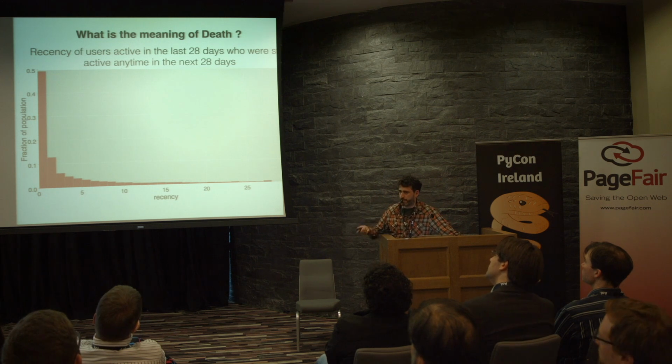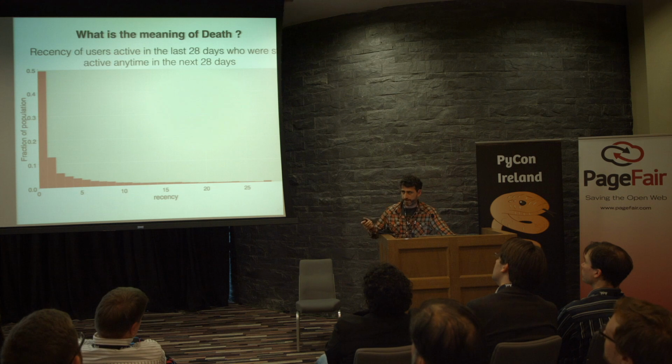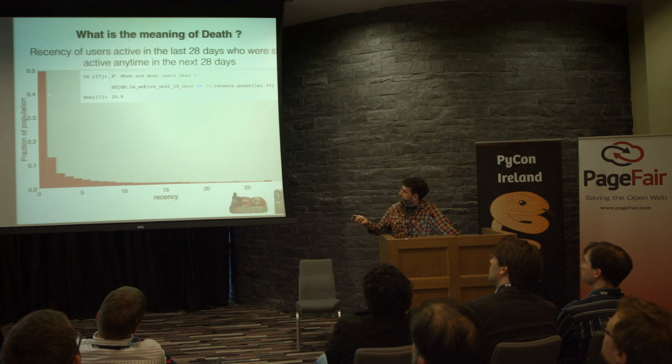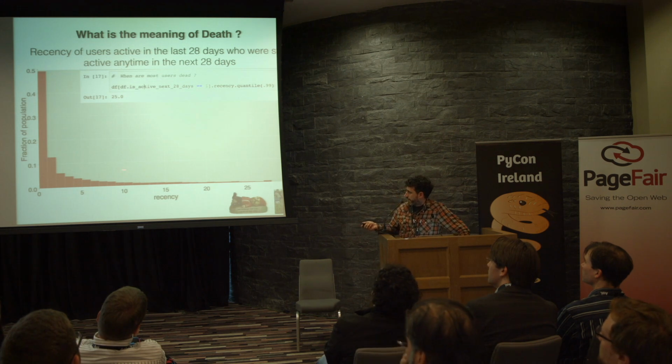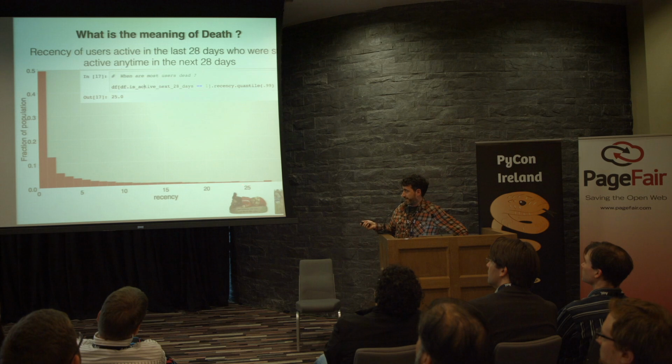What I'm trying to do is put a more precise number on what churn is. 50% of the users who were active in the next 28 days were active today, most of them. And then this trails off. If I take the 99th percentile, only 1% of users who were active, say, 28 days ago are still active in the next 28 days.